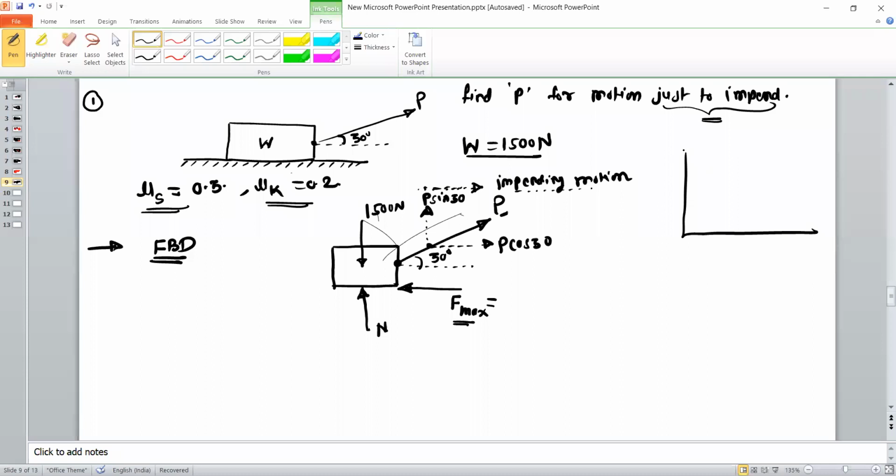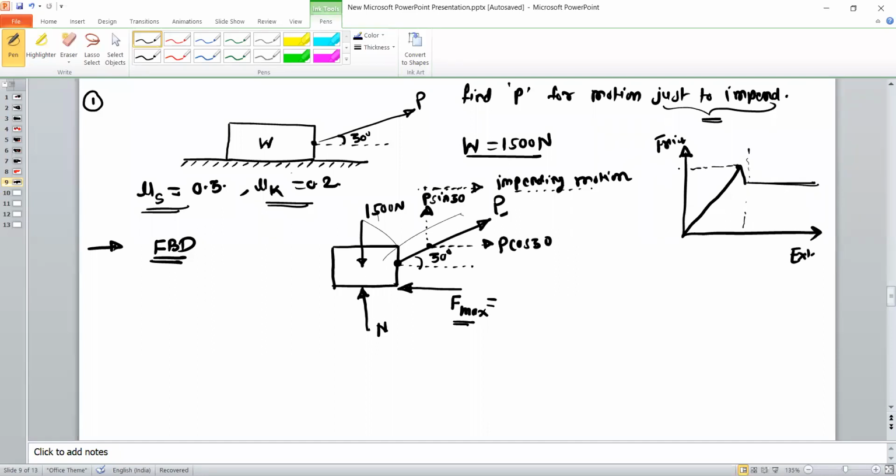You can observe this graph. This is the friction, this is the external force, and this is the relation. This is the maximum force. After the maximum force, friction will decrease, and then it will maintain a constant value for the further motion.